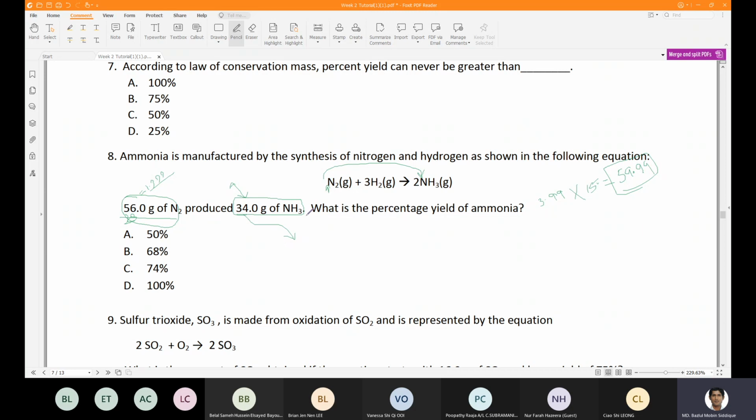So if we divide 34 by 59.99 times 100%, it will give us 49.9% percentage yield of ammonia. We can just round it up to 50%.